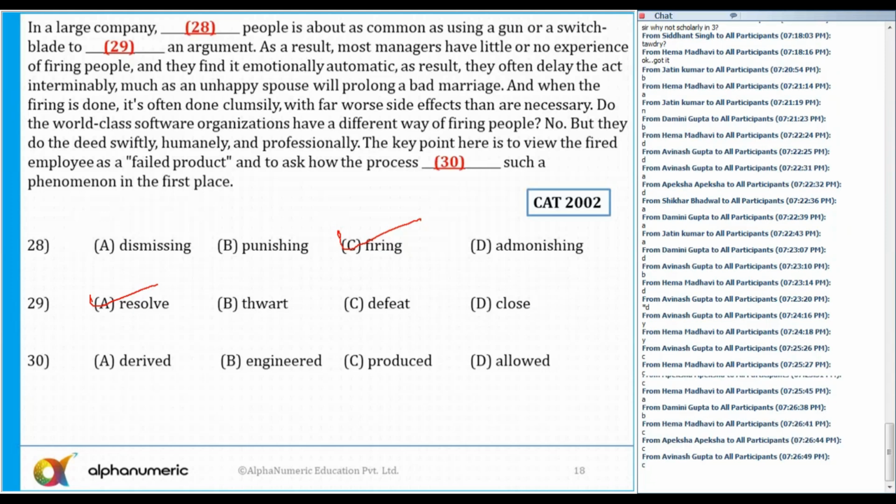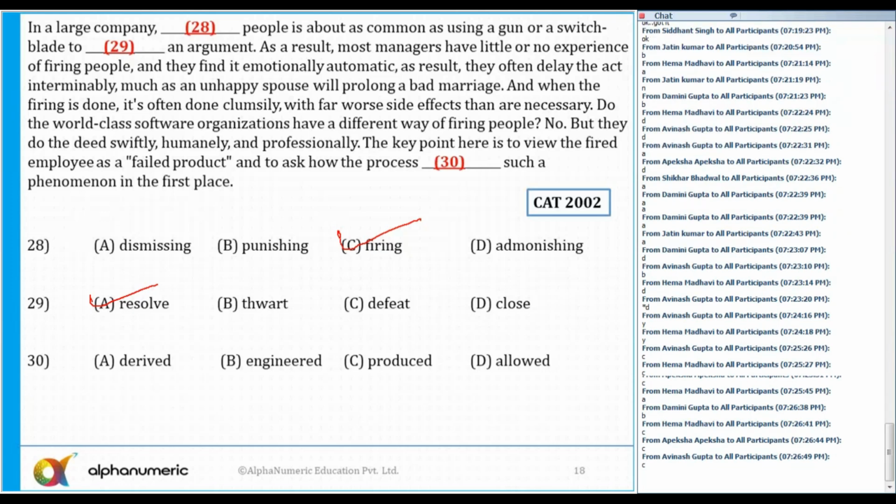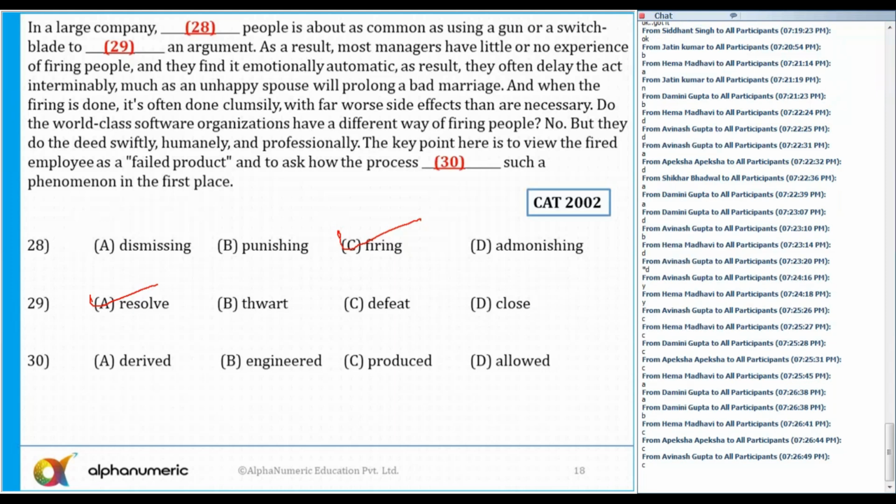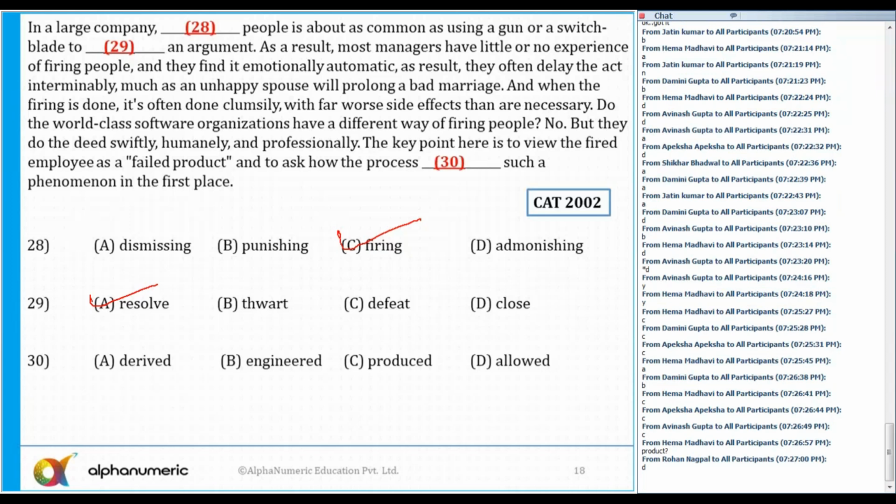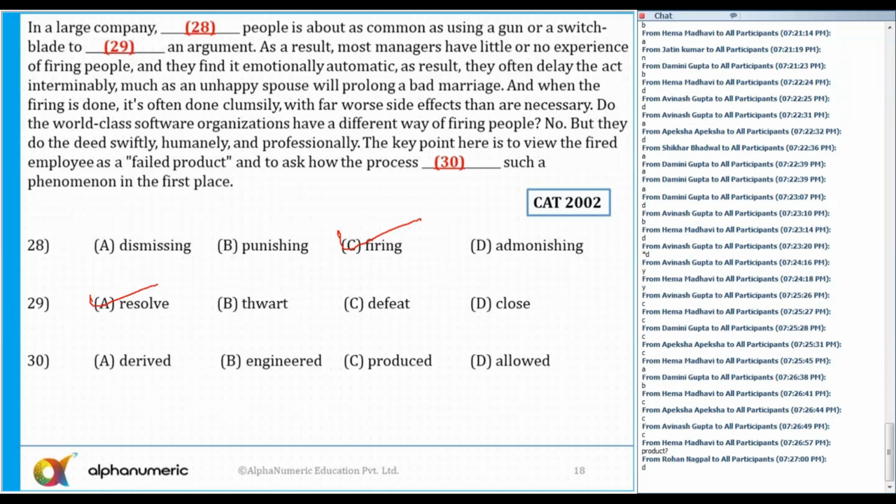No, I think it should be allowed. The key point here is to view the fired employee as a failed product and to ask how the process. No, not really. I don't think it should be produced.